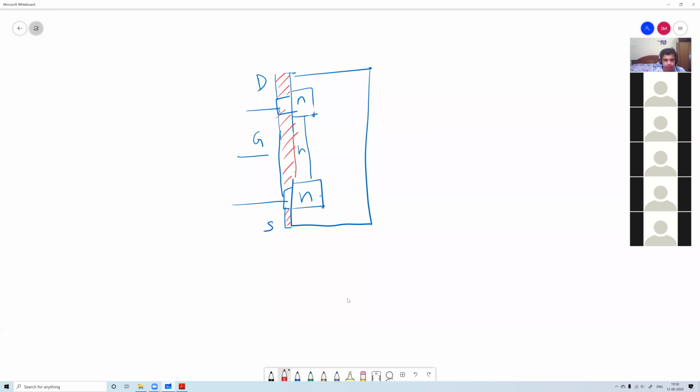And here there are the terminals, source, drain, and gate. Note that the source and the drain are directly connected to the semiconductors.